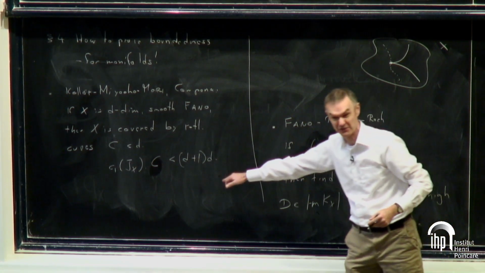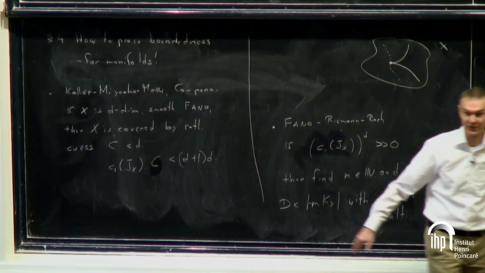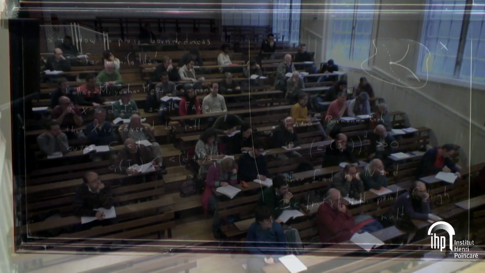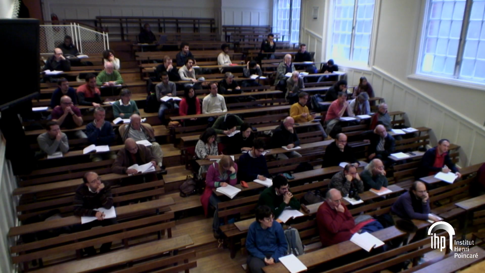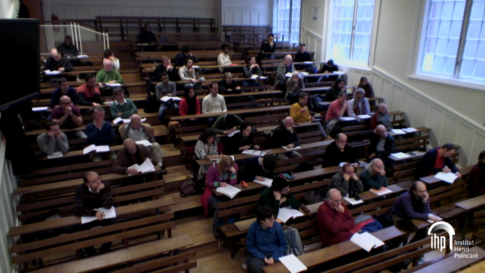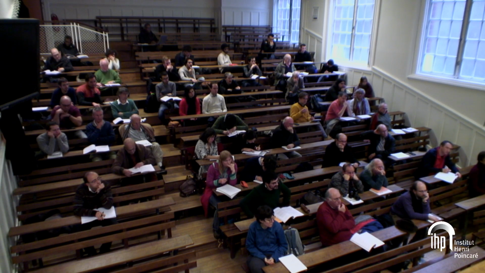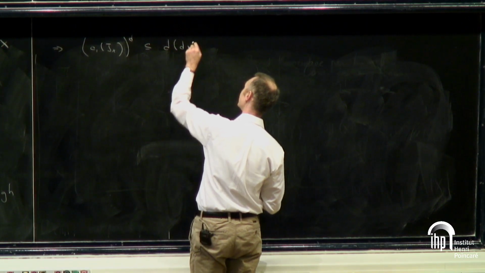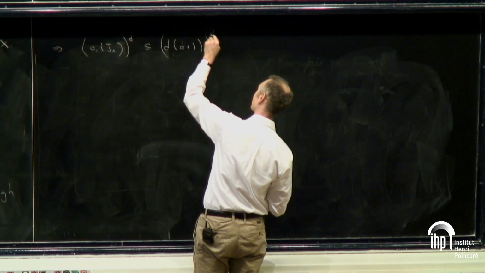Here it says, but it can't be so large. So together, this gives that the (−K_X) to the d is actually bounded by d times d plus 1 to the d.